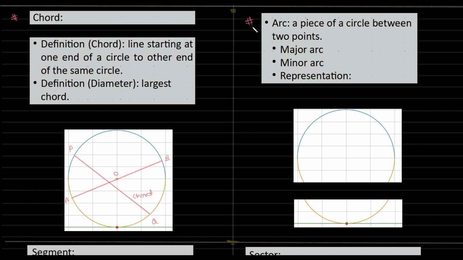Next is arc. Arc is nothing but the part of the circumference. A piece of the circle is your arc. So I had this entire circle. I cut it into two parts. So let me name the points. It's the same point, just that I've put it in two different places. So say both the points are A and B. So this is point P and that's point Q. So we have something called as major arc.